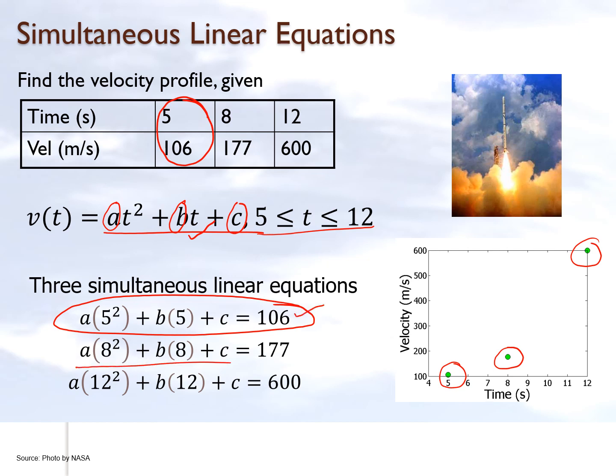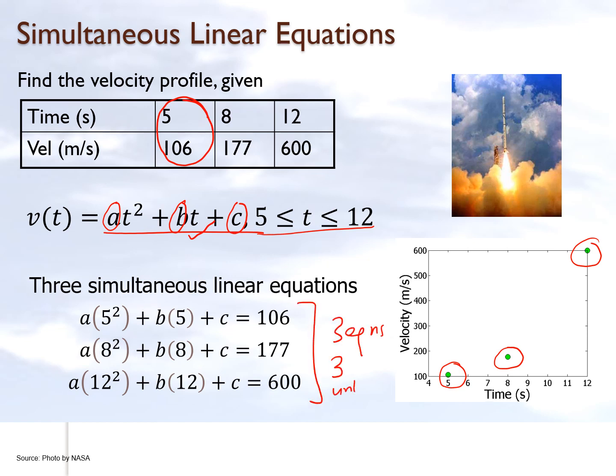Same process here: at t equal to 8 the velocity is 177, and at t equal to 12 the velocity is 600. So this basically gives me three equations and three unknowns, and that's the three simultaneous linear equations we're getting.